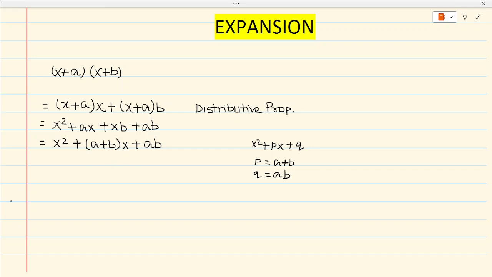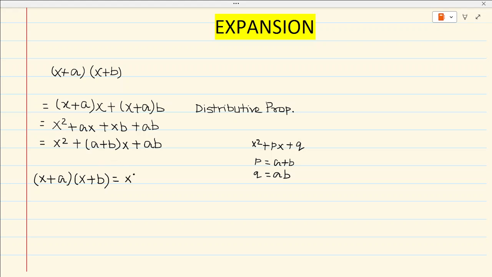In short, what I mean to say is, whenever you see two binomial expressions like this that you need to multiply, don't go for traditional multiplication.